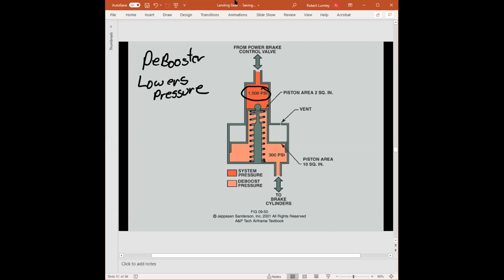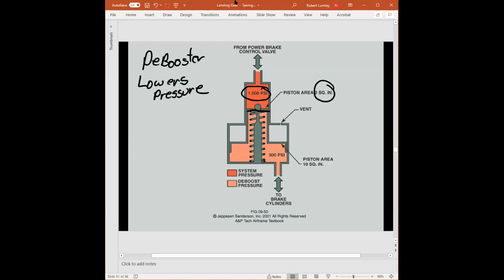But if we remember from physics in general, if we do something like in mechanical advantage, if we decrease something, we're going to increase something. Or if we increase something, we're going to decrease something else. If we notice how this is working, for example, here's the piston, and it says that it's 2 square inches.